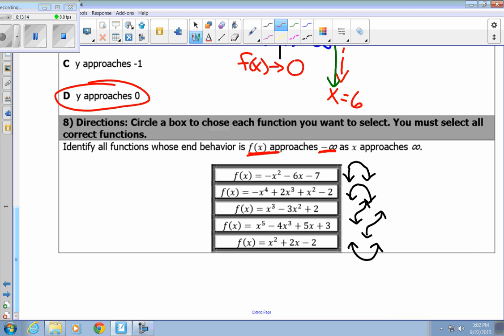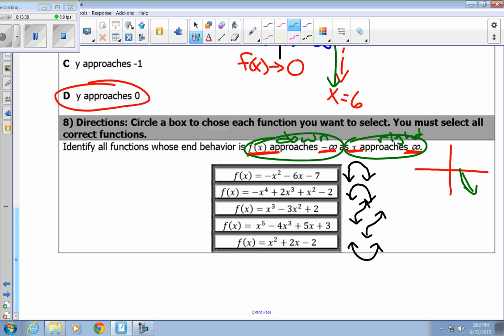So I'm looking, if I were to draw a graph of this, for a y value that's going down as x approaches positive infinity. So I'm looking for the right side of the graph. This is the right side that is going down. So the right side of the graph that's going down.